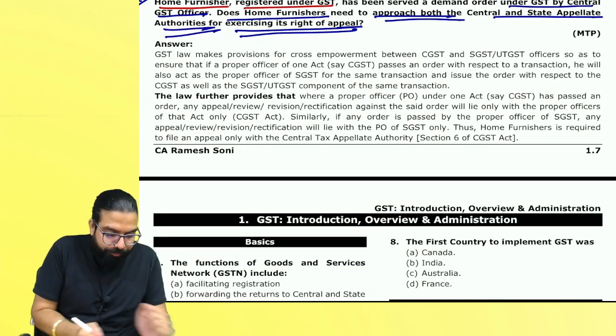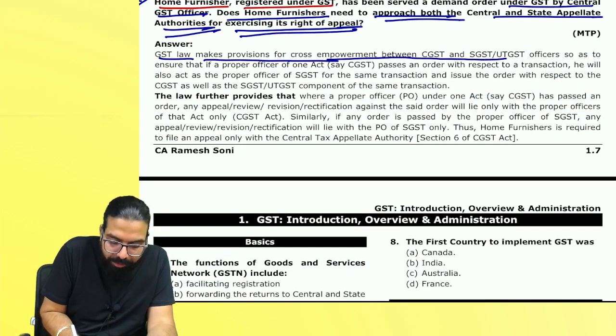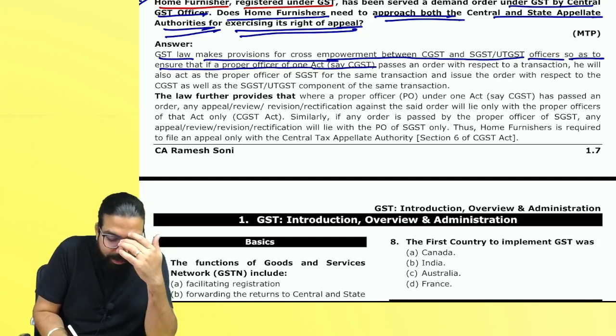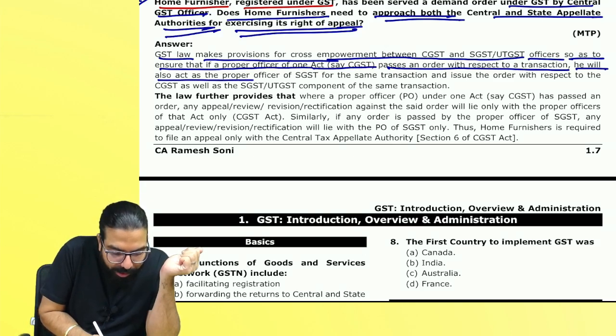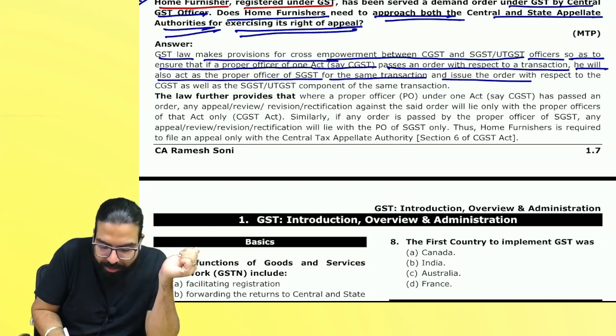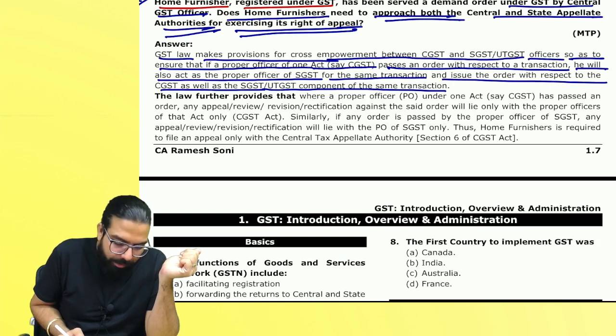Let's compare. GST law makes provision for cross empowerment between CGST and SGST officers so as to ensure that if a proper officer of any one, say CGST, passes an order with respect to a transaction, he will also act as a proper officer under SGST for the same transaction and issue an order with respect to the CGST as well as SGST component of the same transaction.